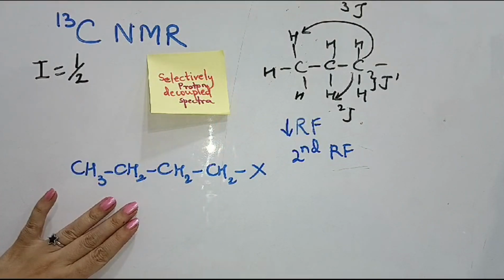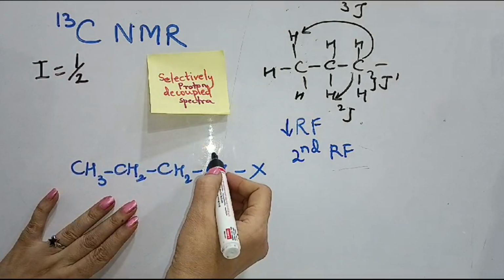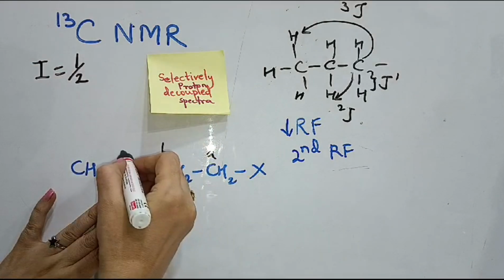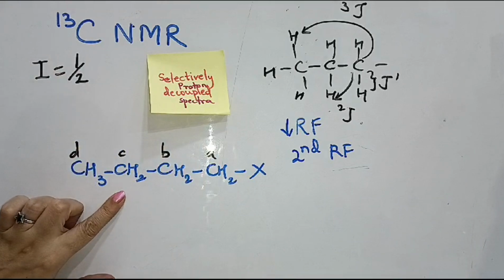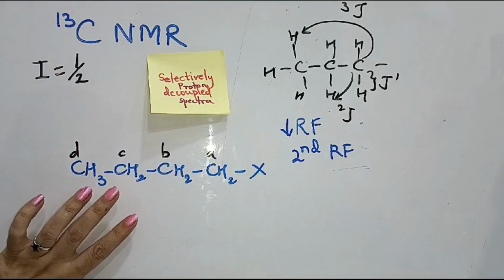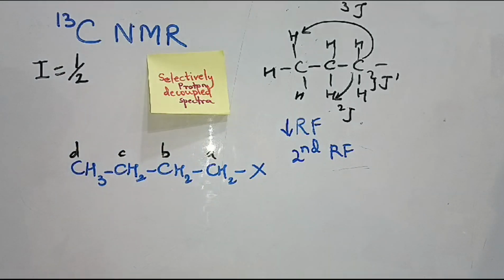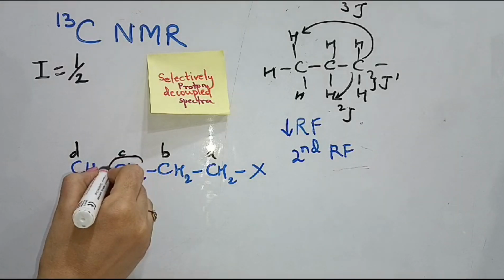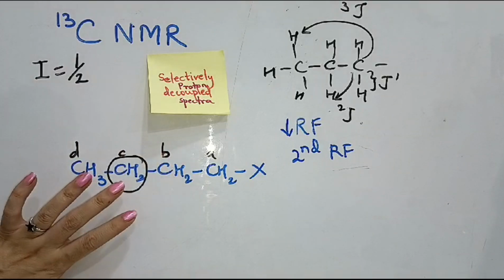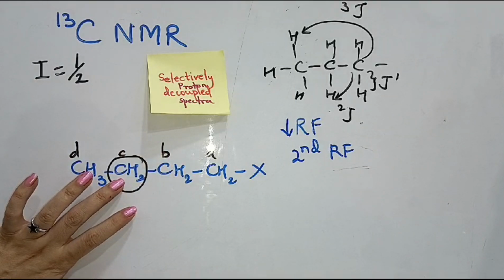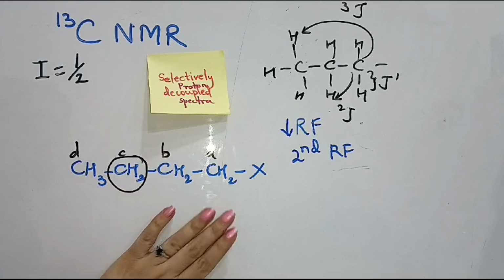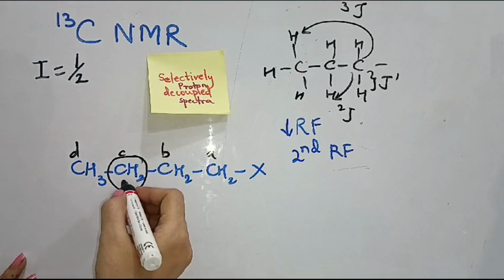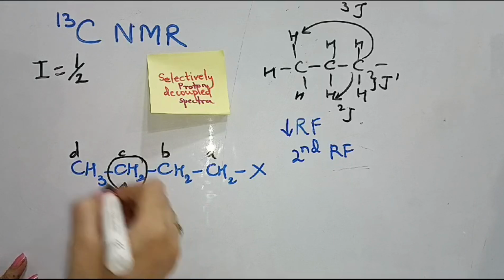Now this is a butyl halide, A, B, C, D. Okay, let us irradiate, or let us select the C carbon. That is, this carbon is selected. Now here, if we check out in off resonance, we must get this as triplet.